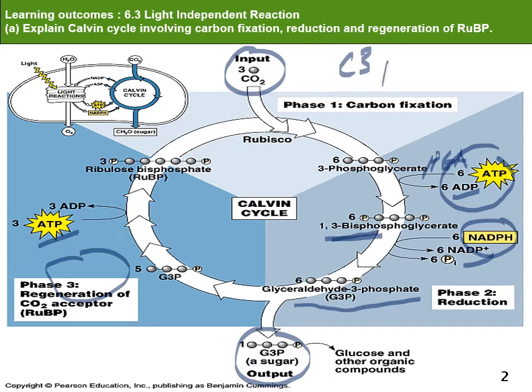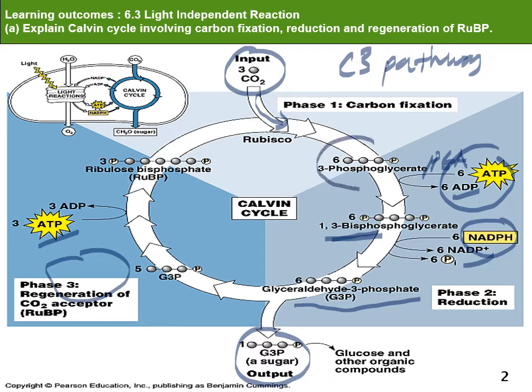Okay, the C3 pathway. So why C3? Because the first product that forms after carbon dioxide enters the cycle is a molecule with three carbons, known as 3-phosphoglycerate.